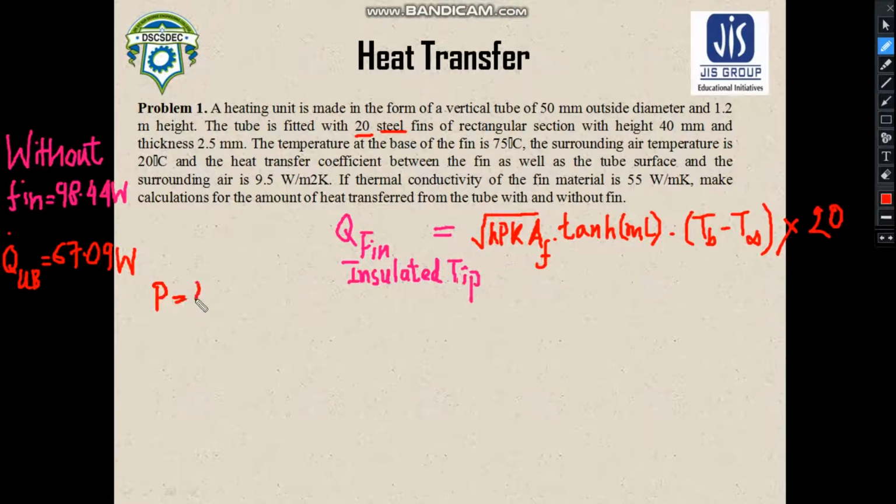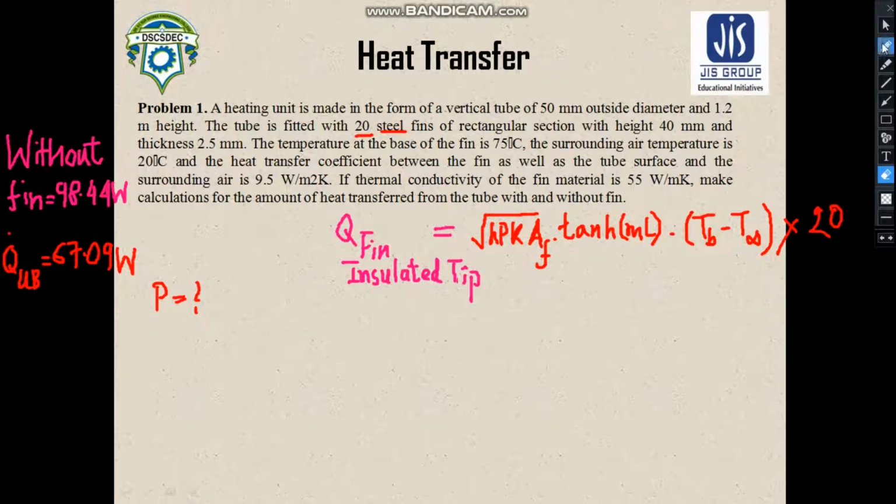We do know the thermal conductivity. We don't know the area of fin. Or do we? Yes, we have known it, because we have already used the area of fin, but we don't have a recorded data for the area of fin, so we need to calculate it once again.